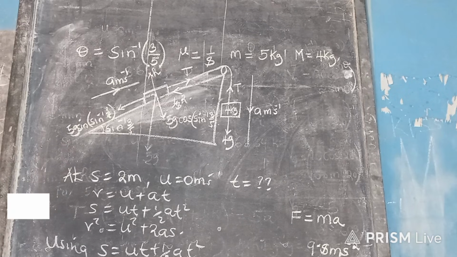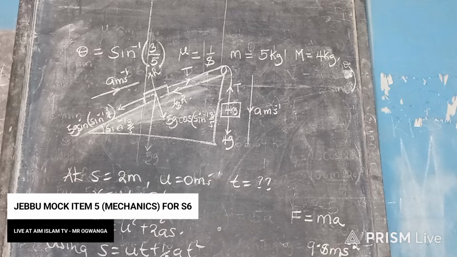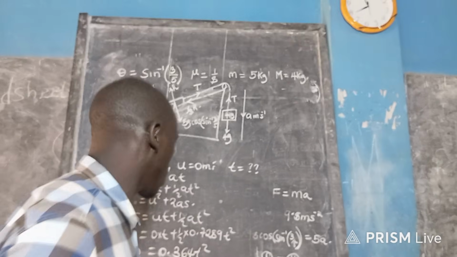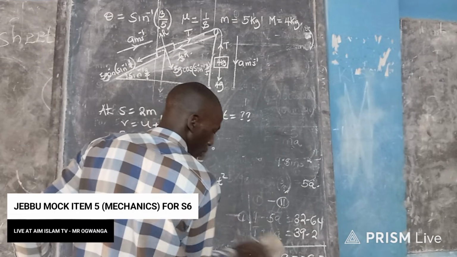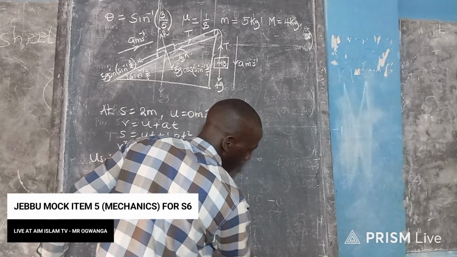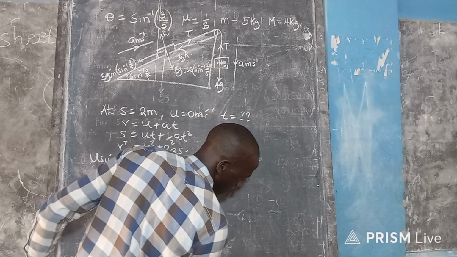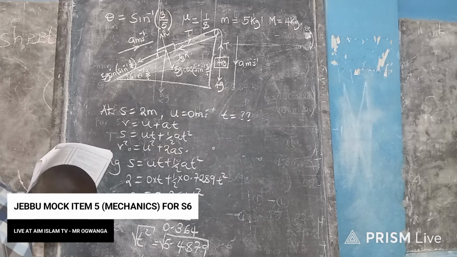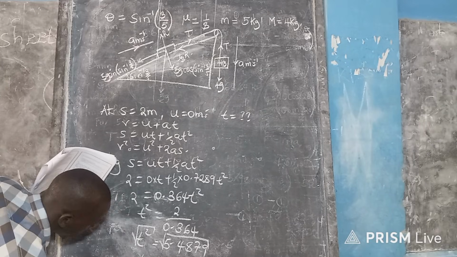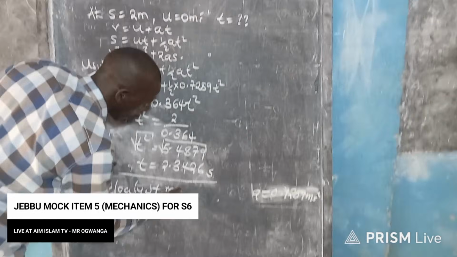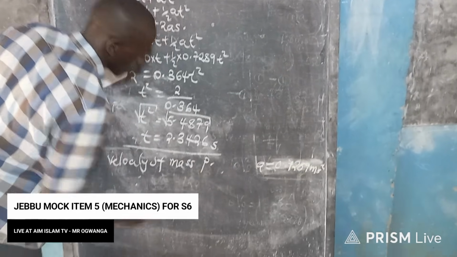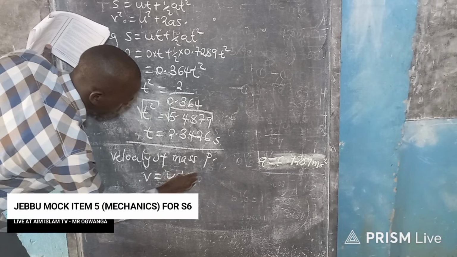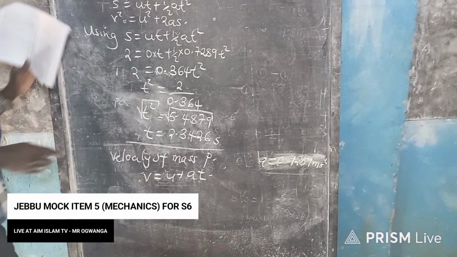The velocity of P is going to come from what we have so far, that is from the acceleration and the time. So let us first have the velocity of the mass P. You can use this, which is the appropriate one: V equals U plus at.